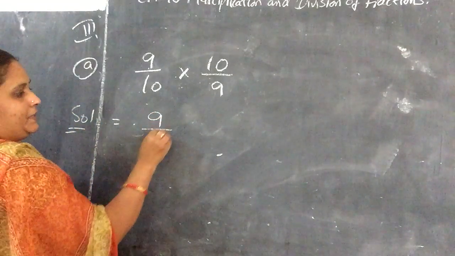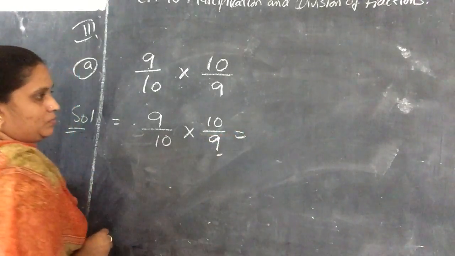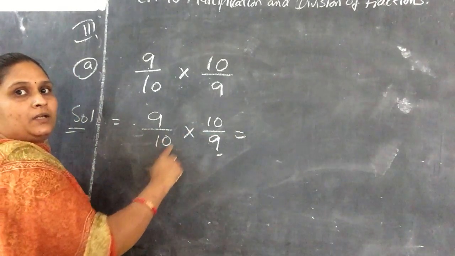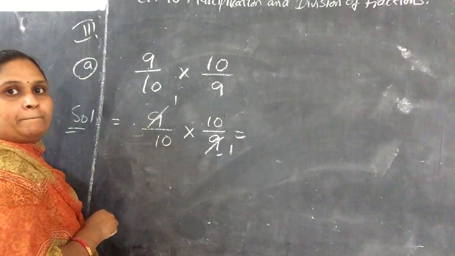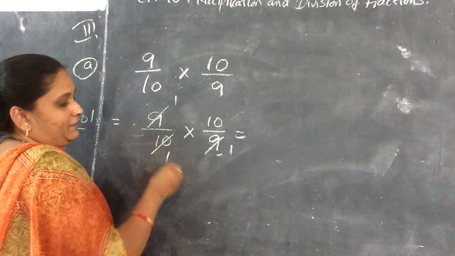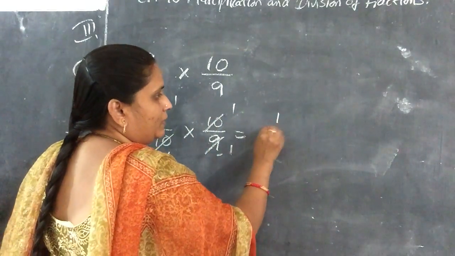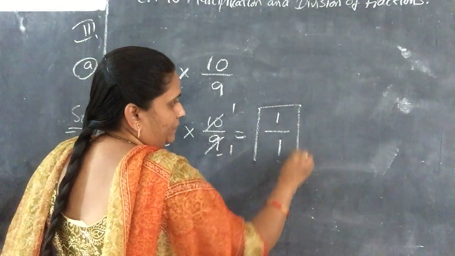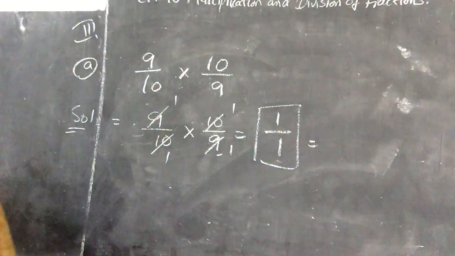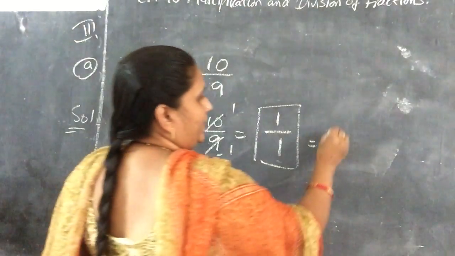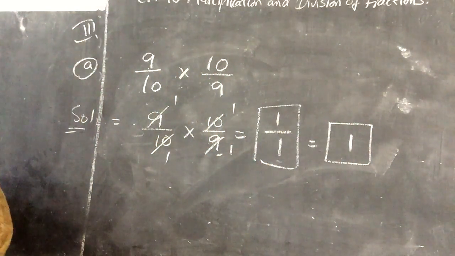Write the numbers: 9 by 10 into 10 by 9 is equal to cross division. 9 ones are 9, 9 ones are 9. Here also cross division, 10 ones are 10, 10 ones are 10. Now what is left over? 1 by 1. What will the answer be? 1 by 1 is equal to 1 itself.